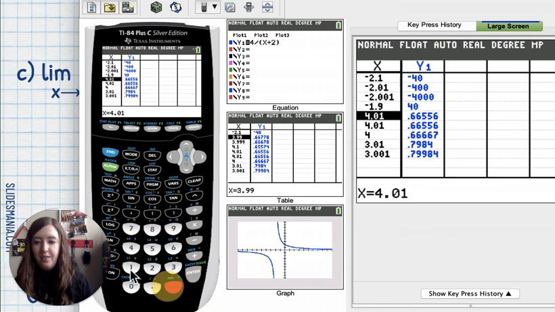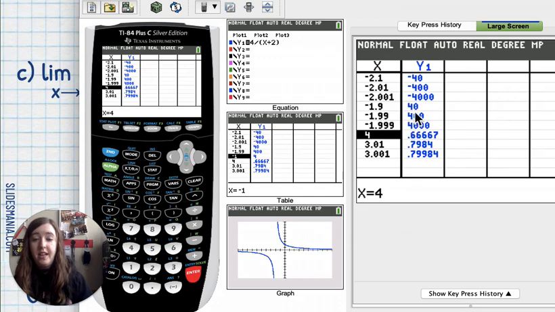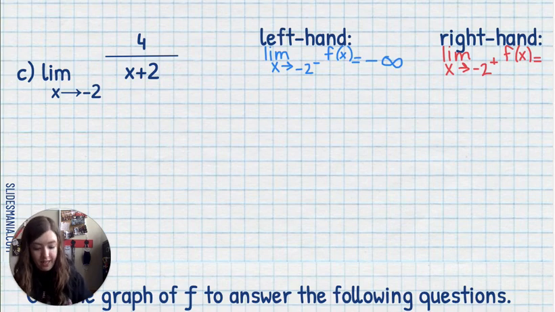And then -1.99. -1.999. So here we're going from +40 to +400, +4,000. Then it would be +40,000, +400,000, so on and so forth, right? So we're getting bigger and bigger and bigger. But this time, instead of approaching negative infinity, we're approaching positive infinity.